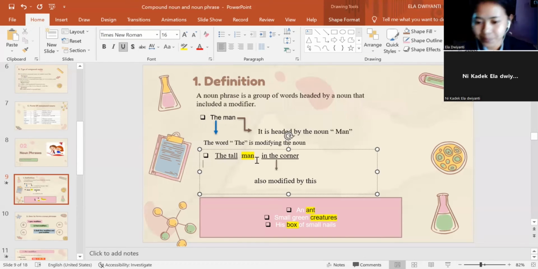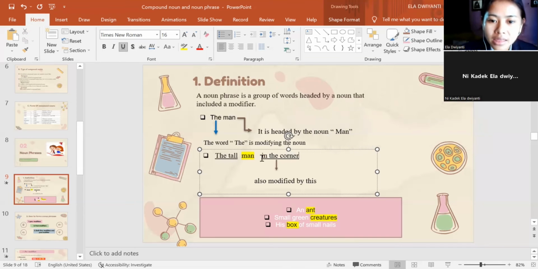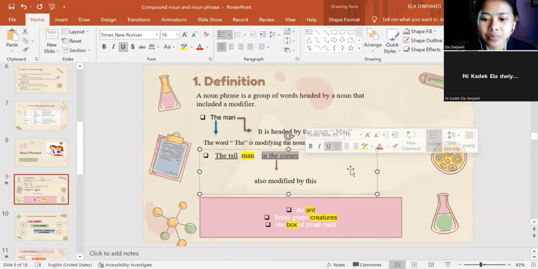Say, for another example, the tall man in the corner. It's headed by the man again and modified by the word the and tall, and also modified by in the corner.